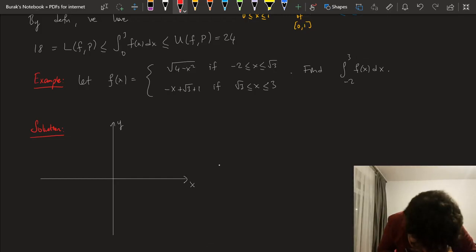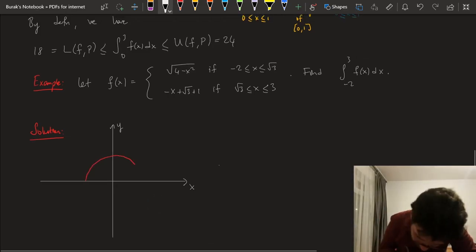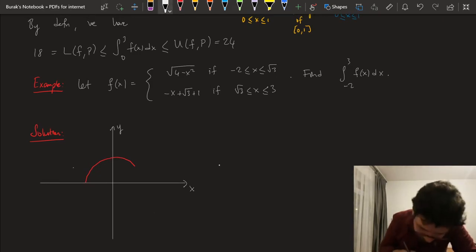So my function looks like a semicircle from the point minus 2 up to the point root 3, okay?